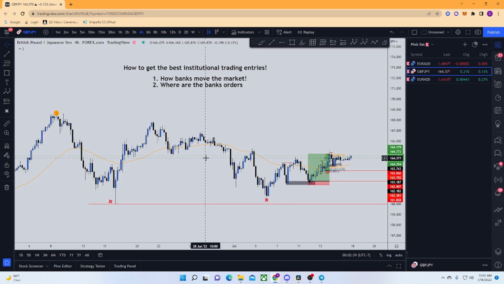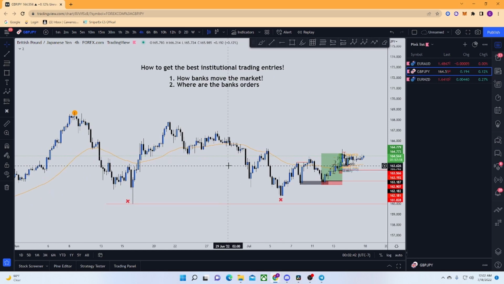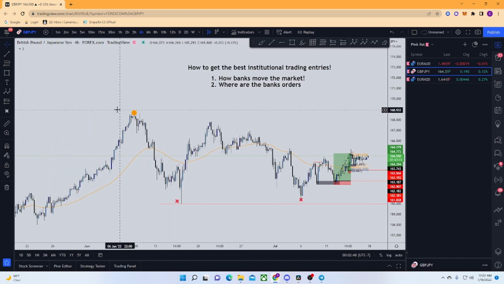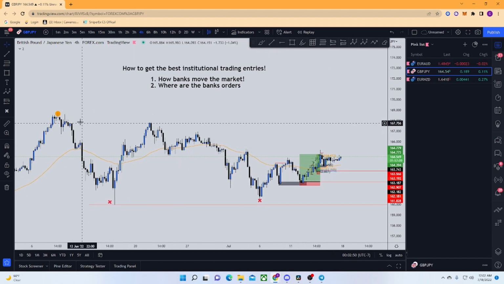Now understand that banks are more than likely going to go with the trend instead of going against it. That's why when we go with the trend, legs of price that go with the trend move a lot faster than correction or retracement trends.